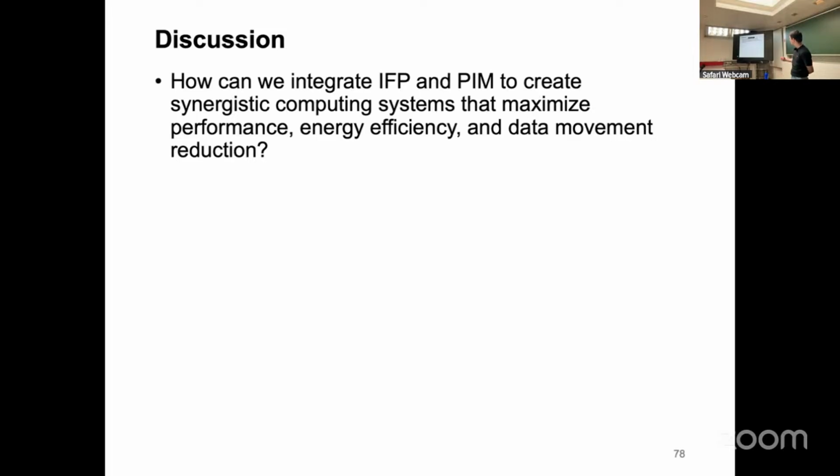So how might we integrate in-flash processing and processing in memory, for example, to create a synergistic computing system that maximizes performance, energy efficiency, and data movement reduction? Maybe you can do some offline profiling beforehand on the benchmark or on the workload you are going to run, and then decide offline what computations you are going to offload to PIM and which ones to the in-flash processing.